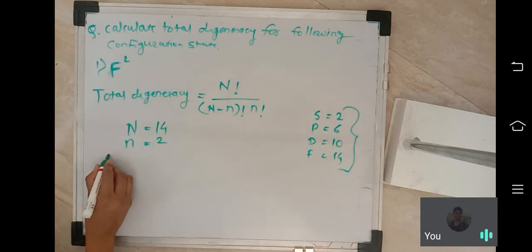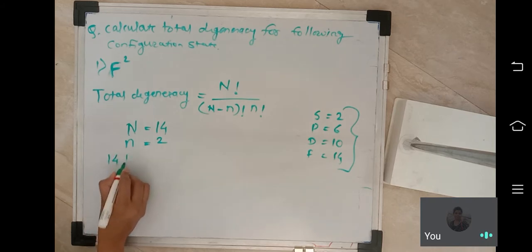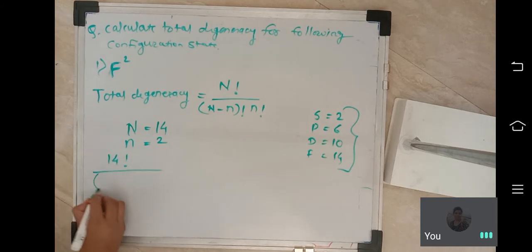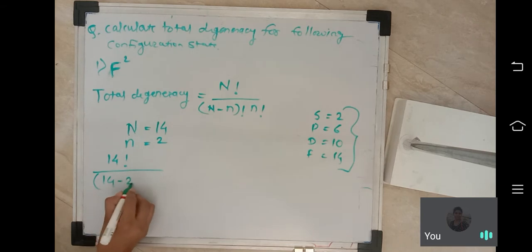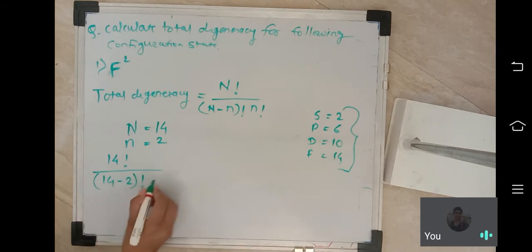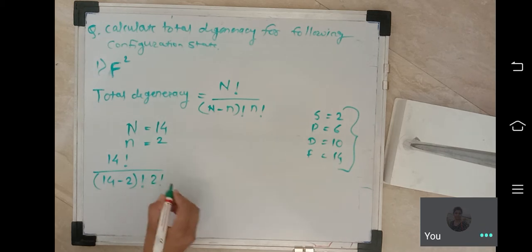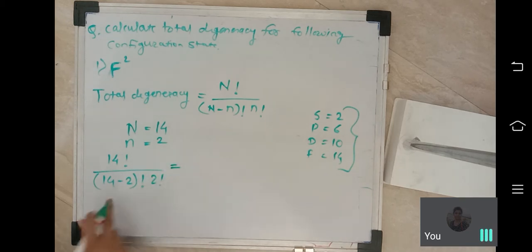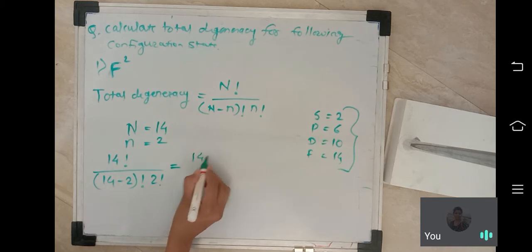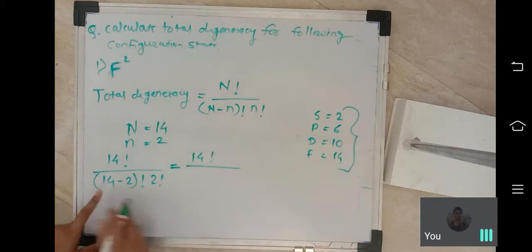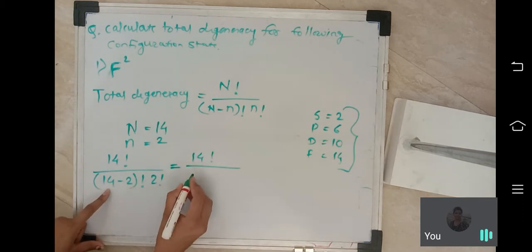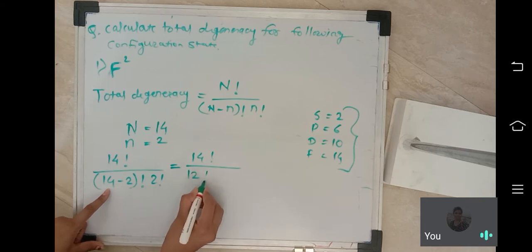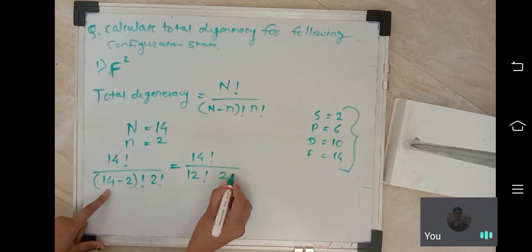You just put the values: 14 factorial divided by 14 minus 2 factorial, and 2 factorial. That is 14 factorial divided by 12 factorial times 2 factorial.